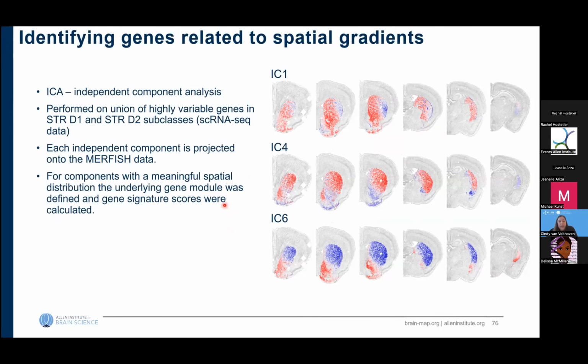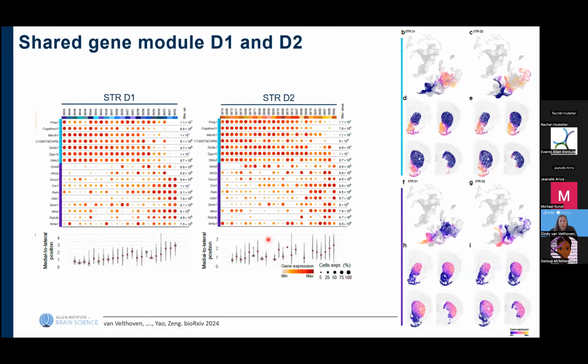And then each independent component is projected onto the Merfish data. And for the components with a meaningful distribution, we can start to look at the underlying gene module. So here are some examples of seemingly meaningful gradients or independent components.